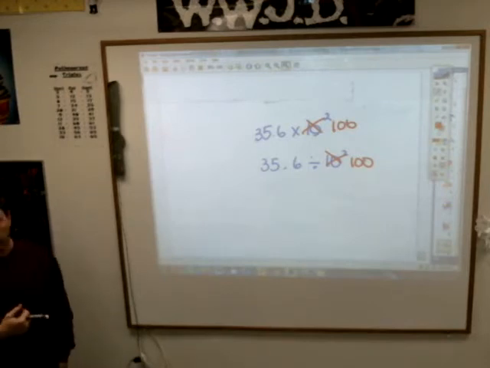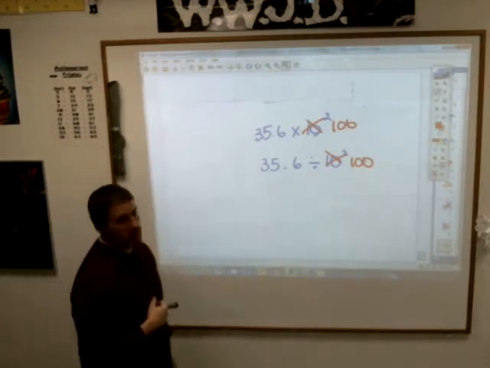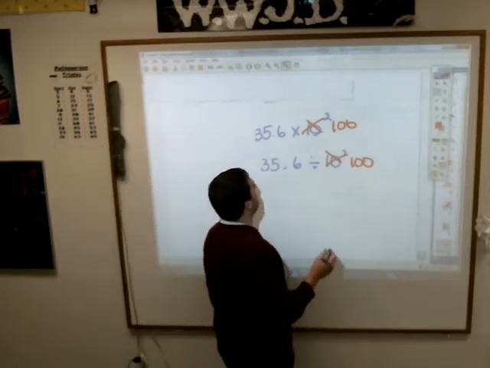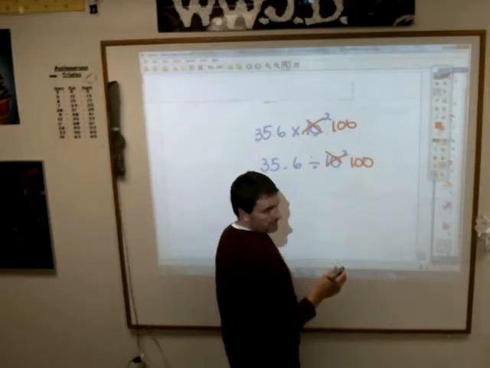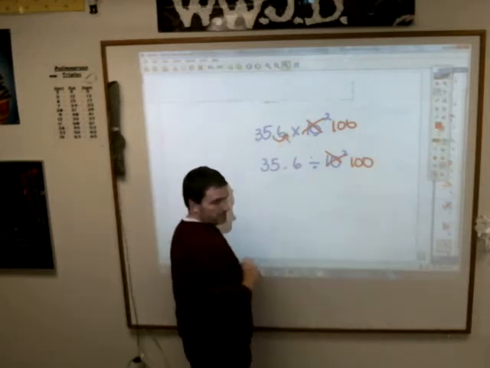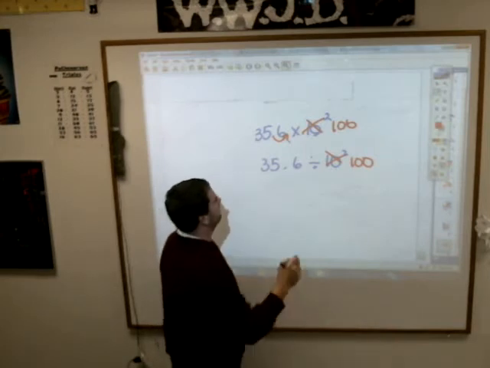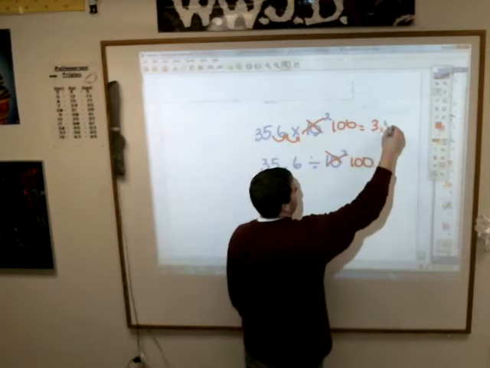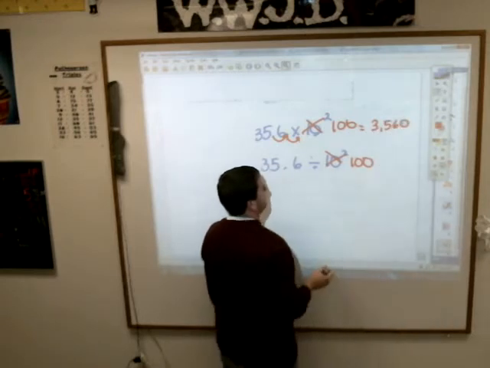35.6 times 100 is, Josh? 356. That'd be times 10, because you only move the decimal one place. 3,560. Very good. Move it 2 places, it is 3,560, 2 places to the right.